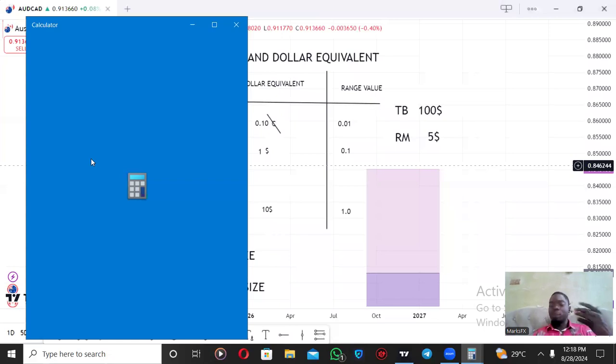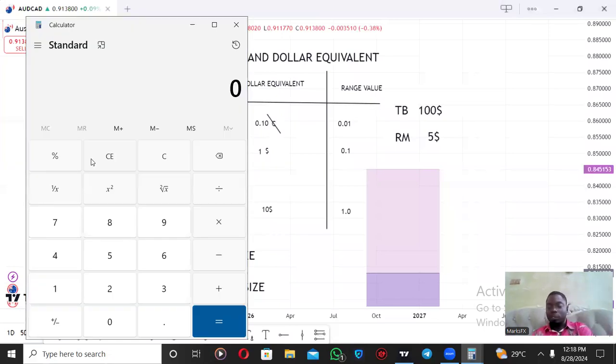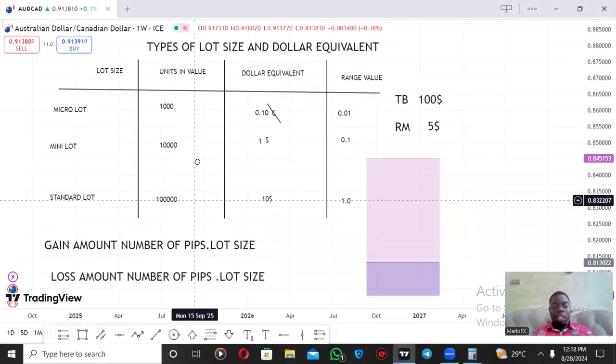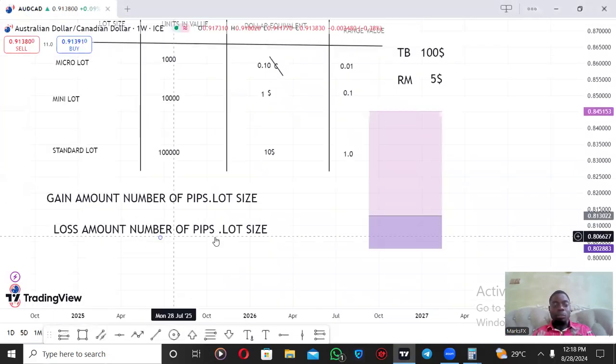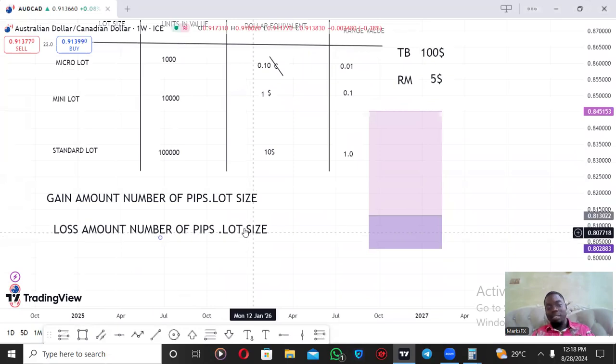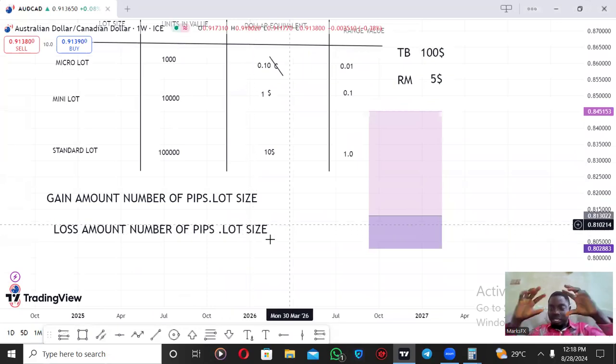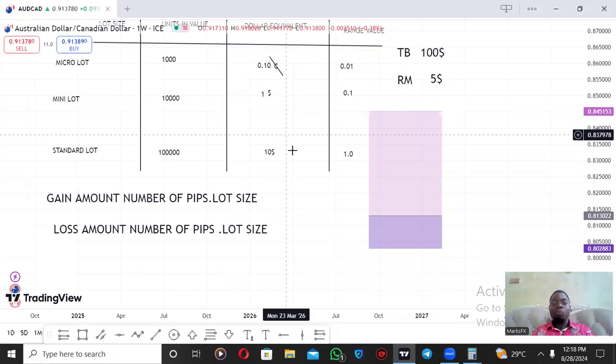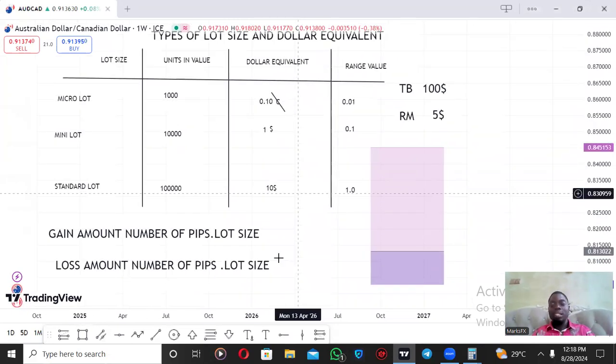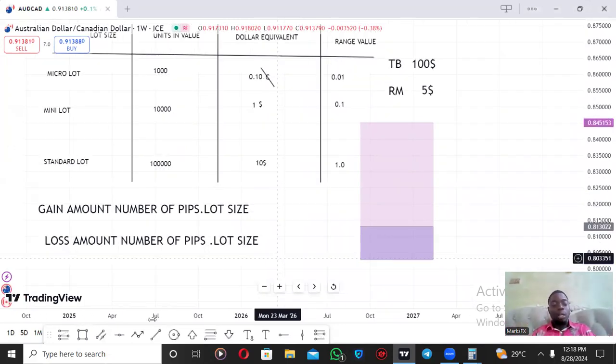Remember that loss amount is number of pips times lot value, right? Loss amount will be number of pips times lot size. Lot size here, in quote, is your dollar equivalent.